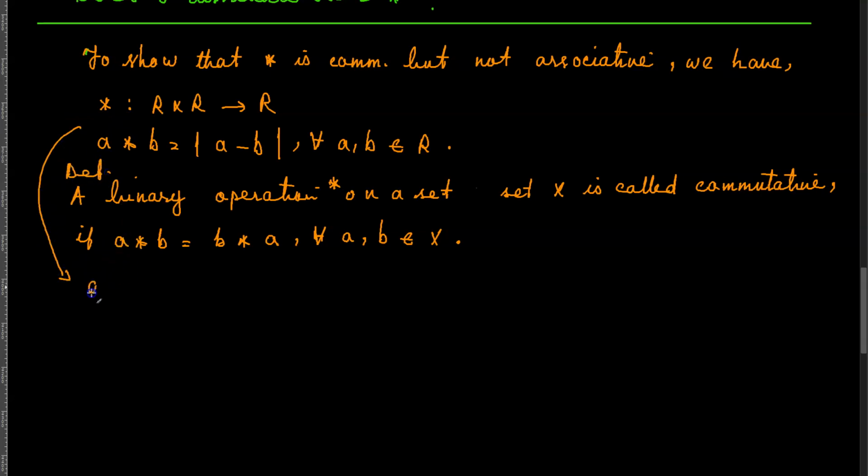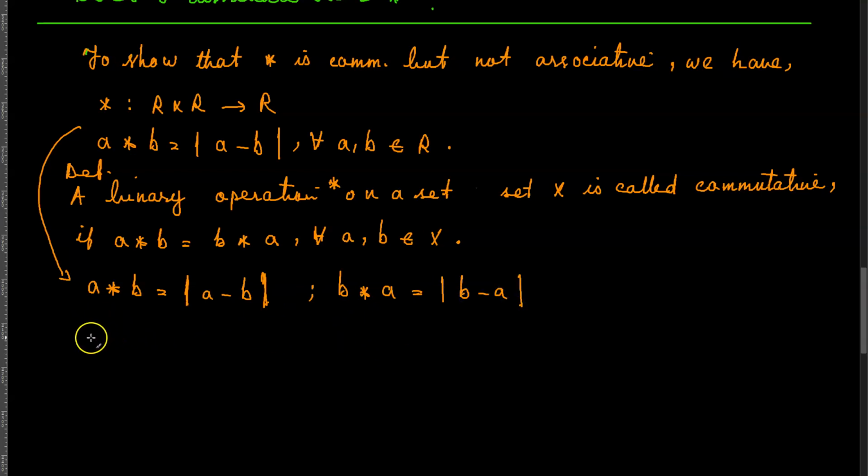So in here we have a star b is equal to the absolute value of a minus b, and b star a is equal to the absolute value of b minus a.